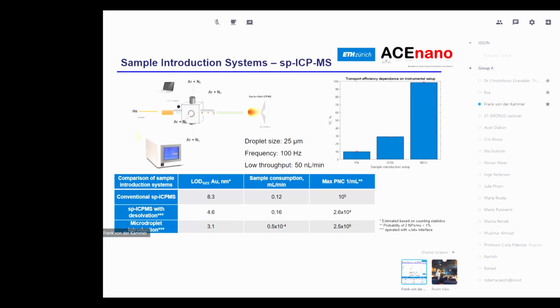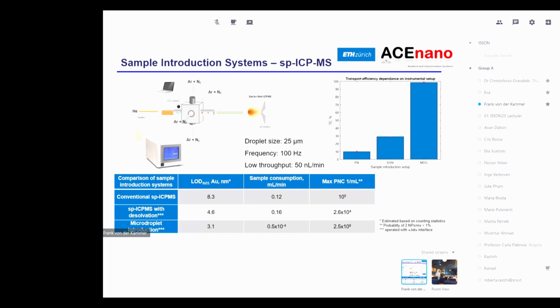That, of course, with this small droplet size means that you have a very low sample throughput, so you can also measure extremely small sample volumes. But you're also achieving 100% transfer efficiency from your sample into the plasma, because every droplet reaches the plasma directly. You can use an internal standard, a dissolved standard that is the liquid in the droplet, and each droplet carries a single particle.